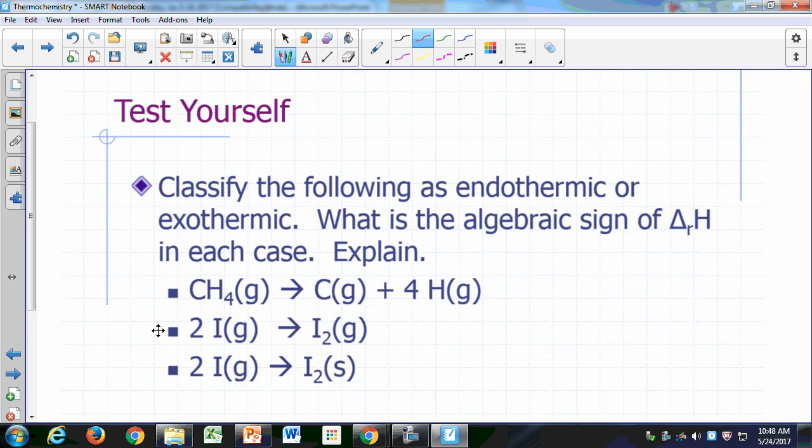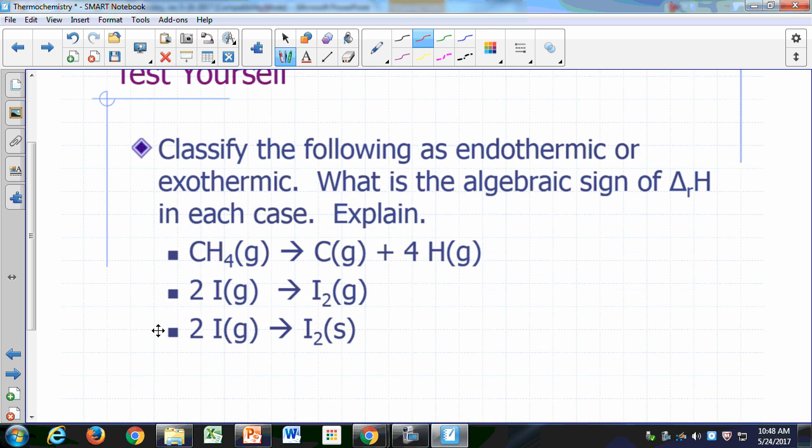So let's take a look at this question here. Classify the following as endothermic or exothermic, and what would be the algebraic sign of delta H in this case? So let's see. CH4 gives you carbon plus 4H. So you have CH4 molecules, methane molecules, separating into just atomic carbon and atomic hydrogen.